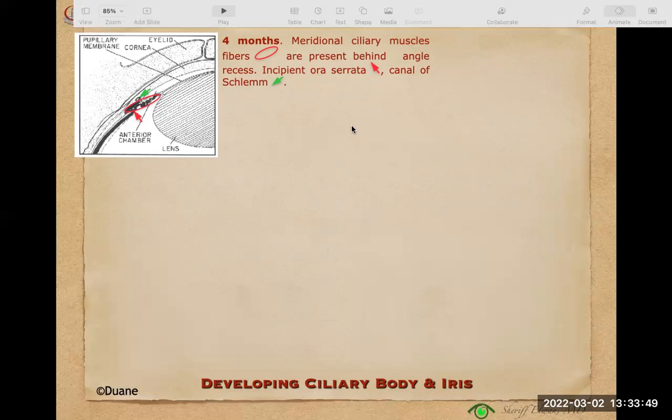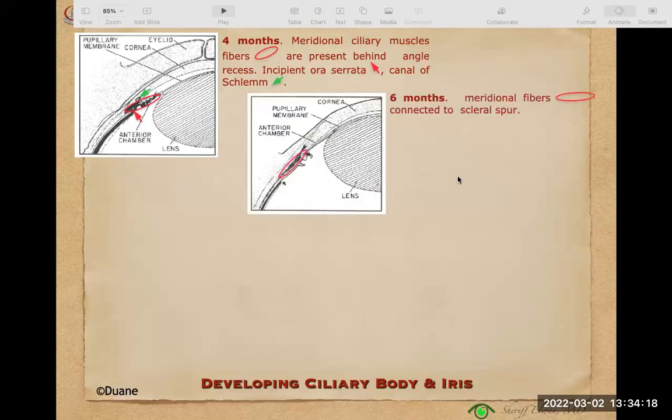And they are behind the angle recess that we described, that started to appear at 3 months. Sorry, the meridional ciliary muscles appear then behind the recess. And here, the red arrow is the ora serrata, which is the anterior part of the neuroretina, and the developing canal of Schlemm that we described before.